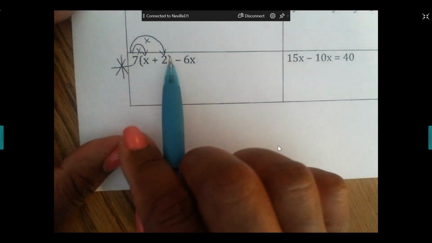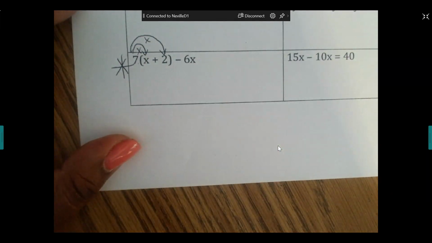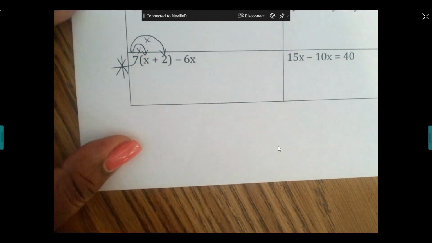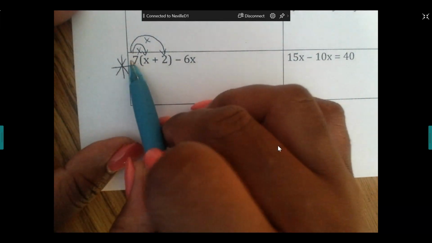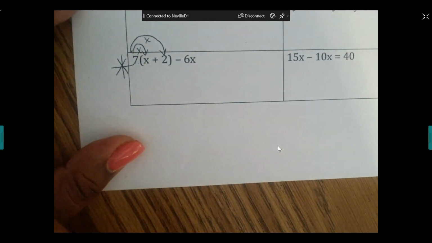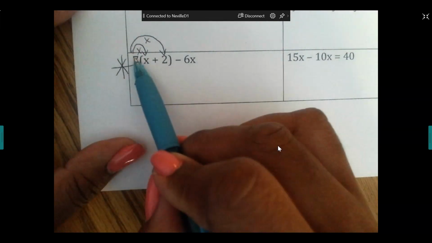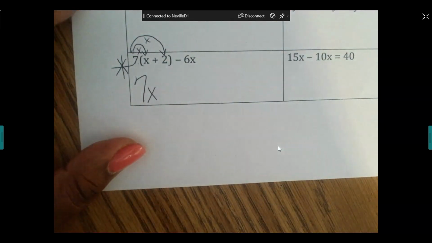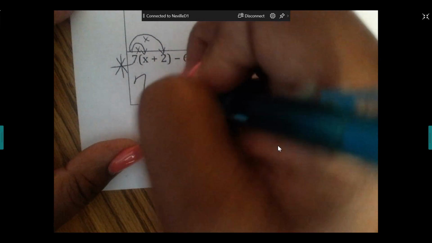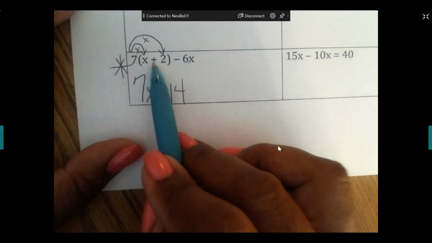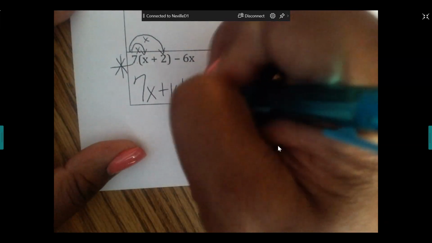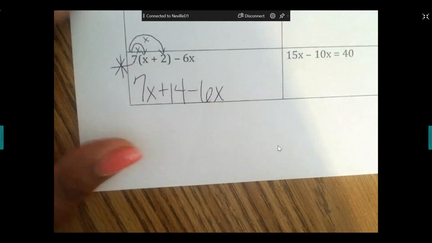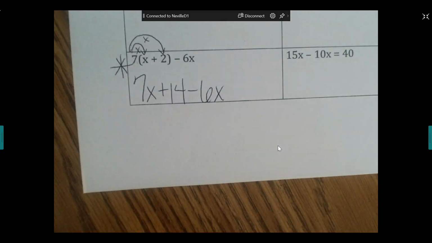We're multiplying that 7 to the 2. What is 7 times x, guys? Juvenile, what's 7 times x? 7x, very good. Tyler, what's 7 times 2? 14. Kept that addition sign there. It didn't go anywhere. Minus 6x, because it was not inside the parentheses.